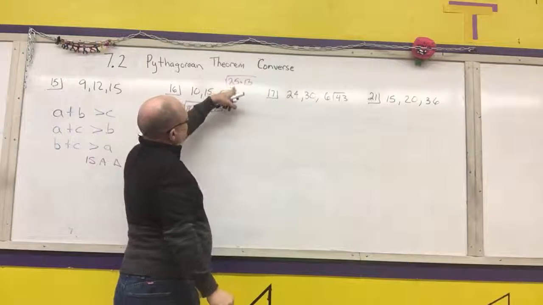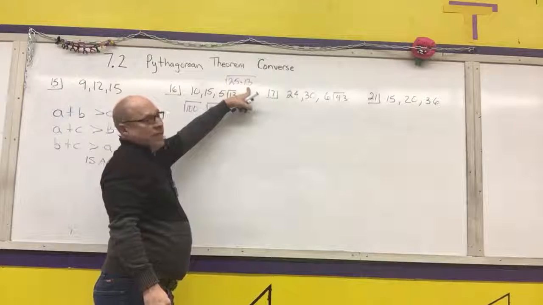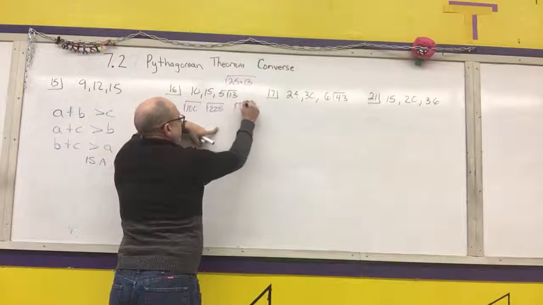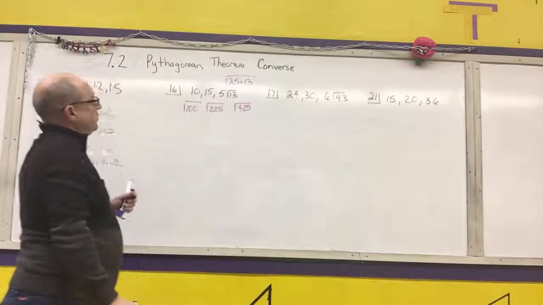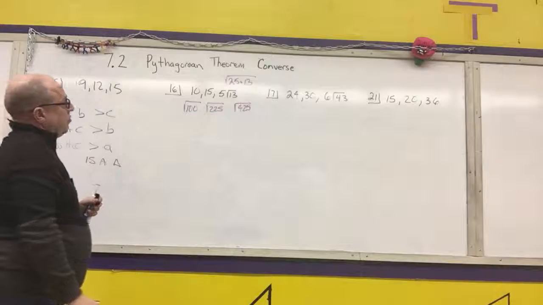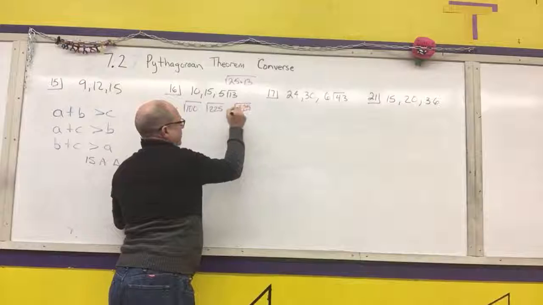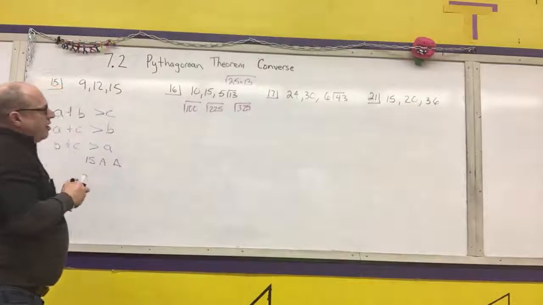And if you have 13 quarters, you have $3.25. So they are in the right order.